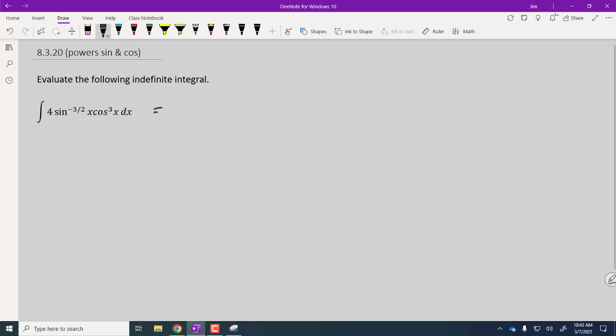So for here, all we're going to do, we can factor the 4 out. And the power on cosine in this particular case is odd. So we're going to pull off one cosine and put it over with the differential. So it's kind of sequestered over there.